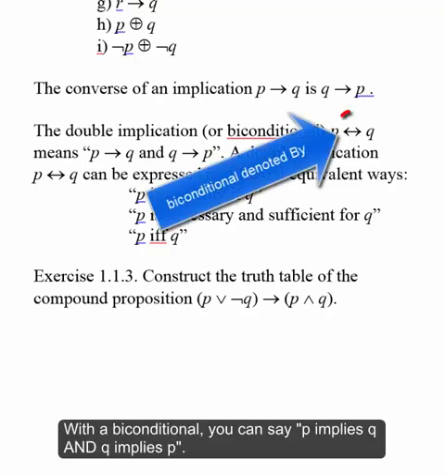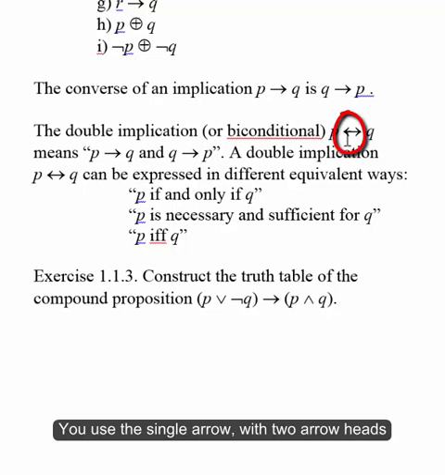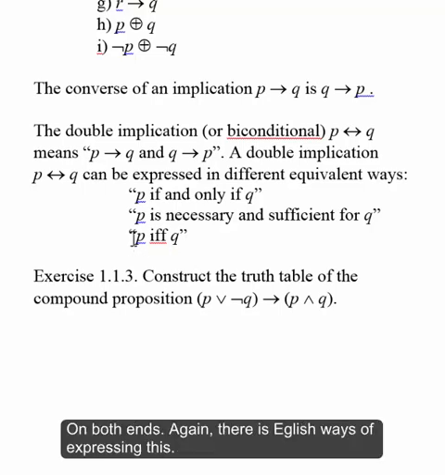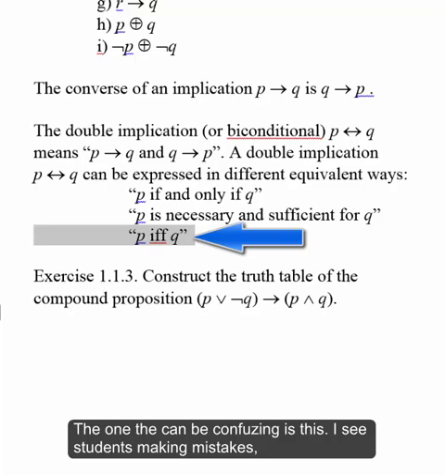So you can also use a biconditional. With a biconditional, you can say that P implies Q and Q implies P. You use the single arrow with two arrowheads at both ends. And again, there are English ways of expressing this. The one that can be confusing is this. I've seen students making mistakes when they see this on paper.